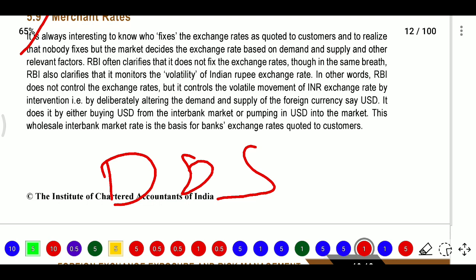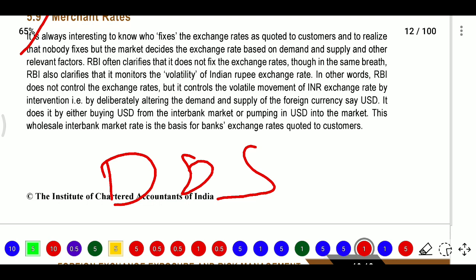The exchange rate is decided based on market demand and supply, and the merchant rates will be decided accordingly.